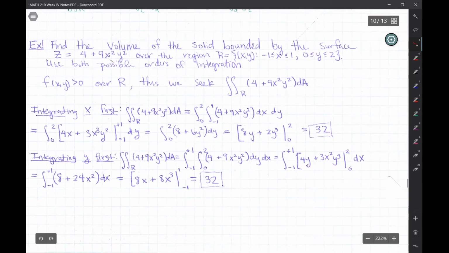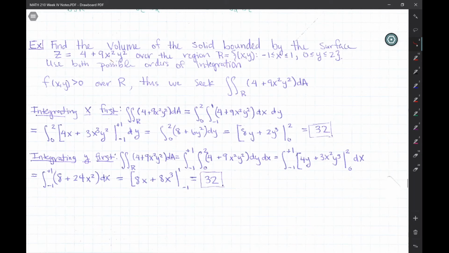And you will get 8 plus 24x squared. That 8 is coming from 4 times 2, and the 24 is coming from 3 times 2 to the third, which is 8, and so you'll get 24, and that x squared is just coming along for the ride as a constant. Treat x as a constant while you're integrating over y. And now we just do the integral. This next integral is just the integral of one variable, and so you get 32.